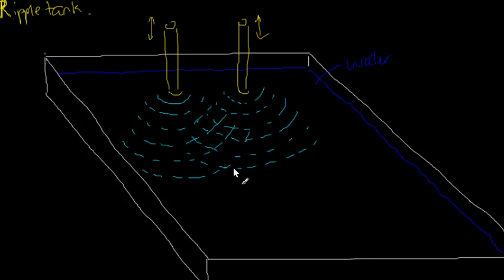It's what we call an interference pattern. And we use the word interference to describe this situation where two waves meet each other and give a particular pattern. Now let's try and understand what's going on when the two waves meet each other.